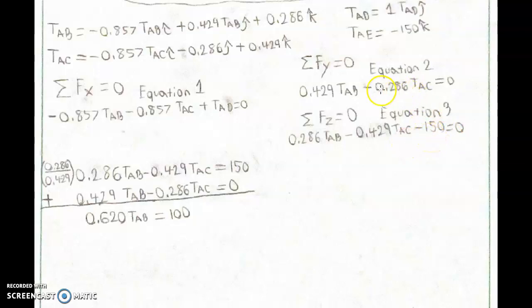So we can take these 2 over, and we can play around with some multiplication, in this case 0.286 over 0.429, and up top here is equation 3, and equation 2 is down here.